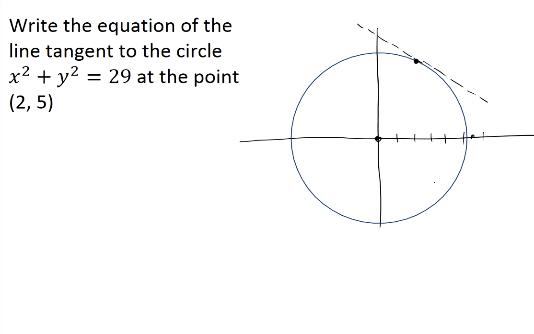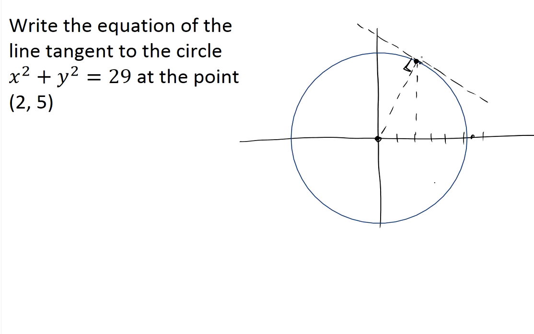Armed with this fact, I have an entry point to this problem, because I can calculate the slope of this radius, drawn from the center of the circle to this point of tangency.